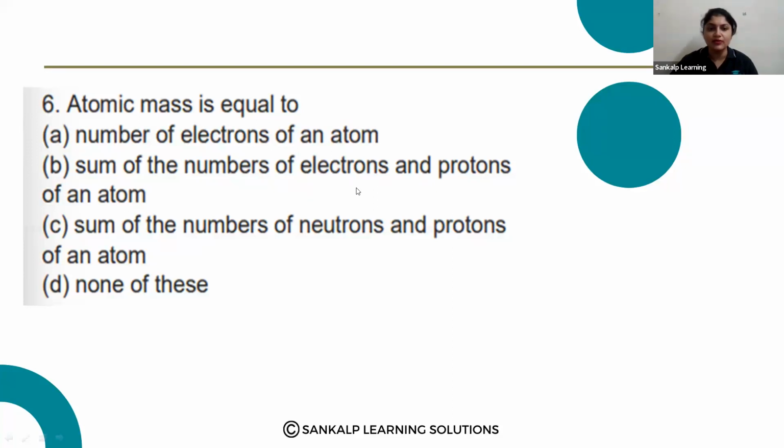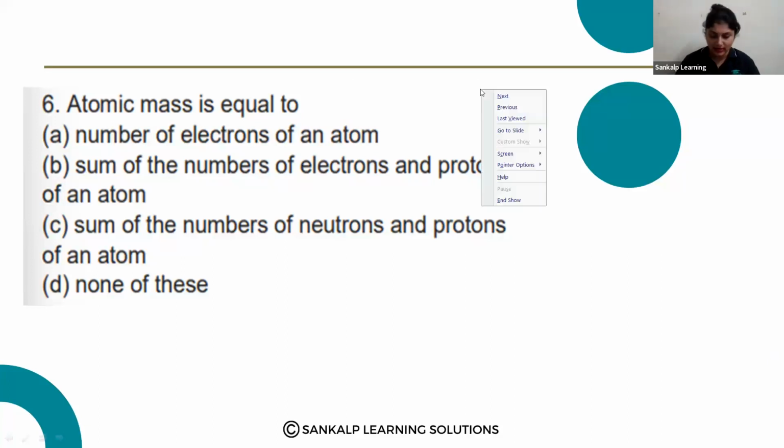It is the number of neutrons and protons, so the answer is C: sum of the number of neutrons and protons. Neutrons and protons together are called what?